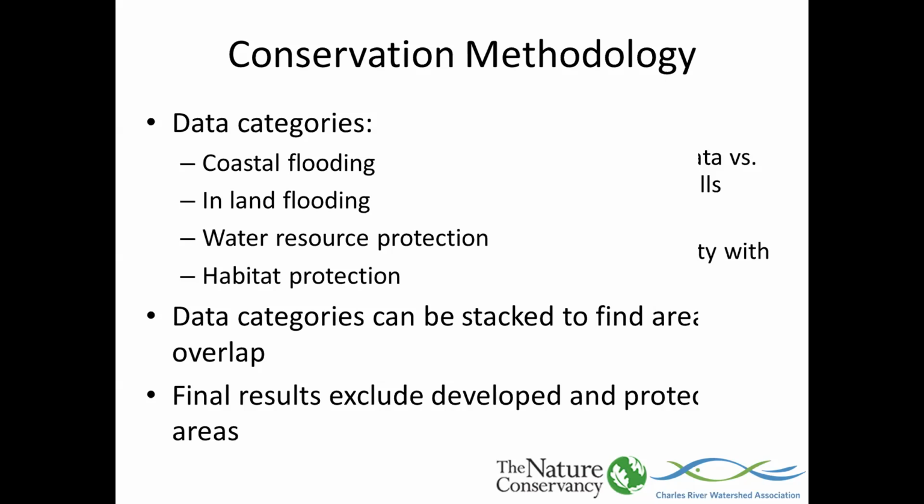The final results actually exclude areas of land that are developed, as those show up as restoration priorities, and they also exclude areas that are already protected. When we walk through the online tool, I'll show you how you can visualize those specifically as well, in addition to the conservation mapping results.